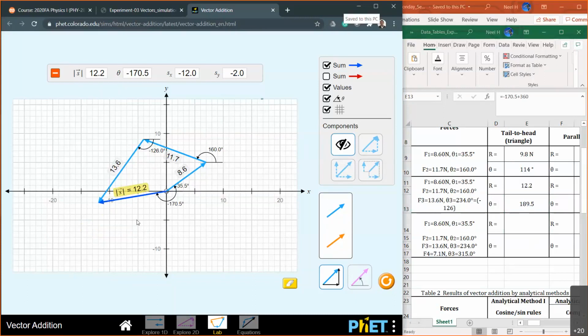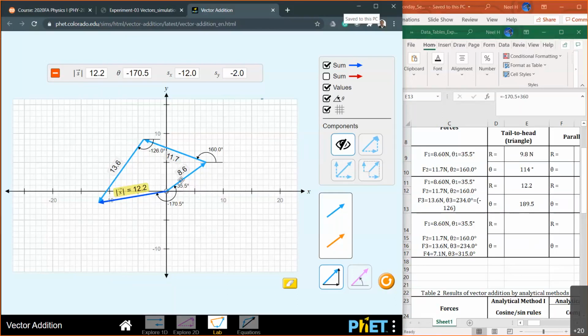Okay, that's usually how the angle should be. Okay, question. All right, then let's continue.